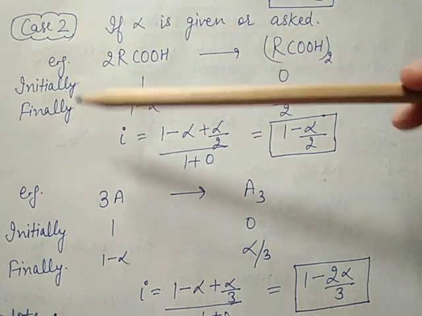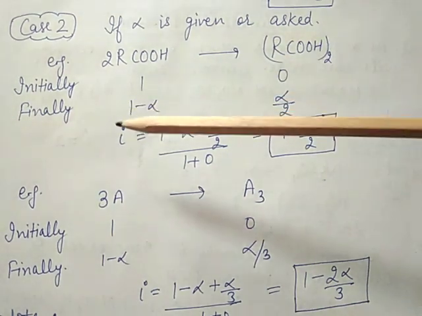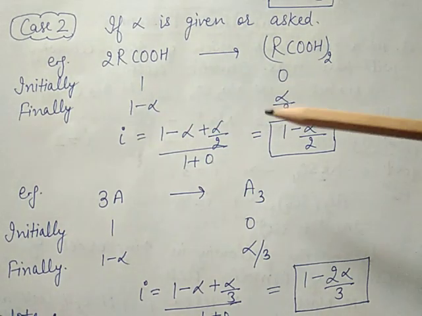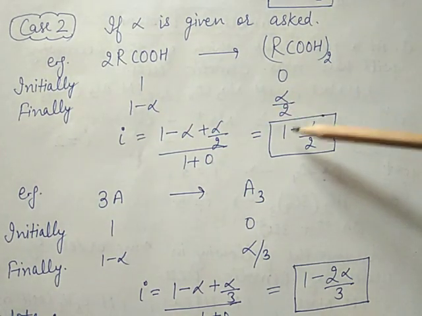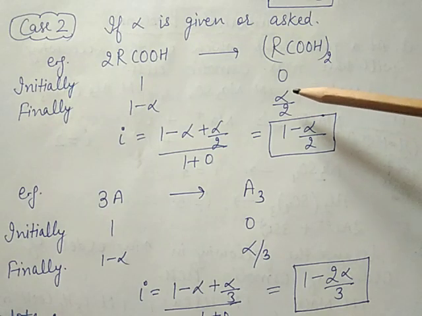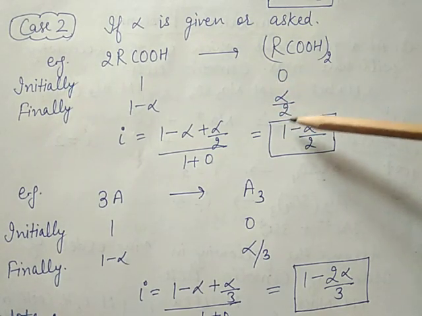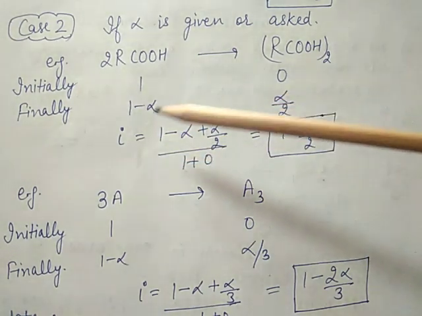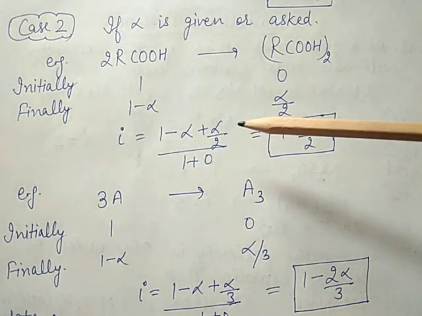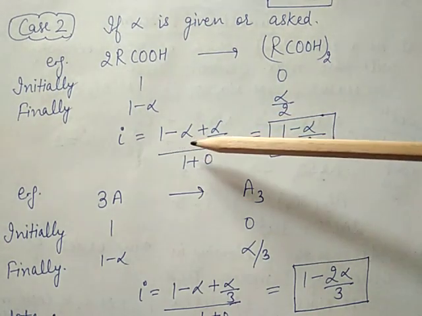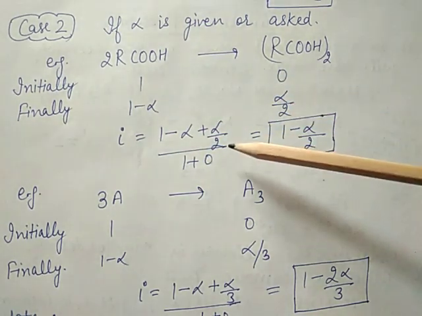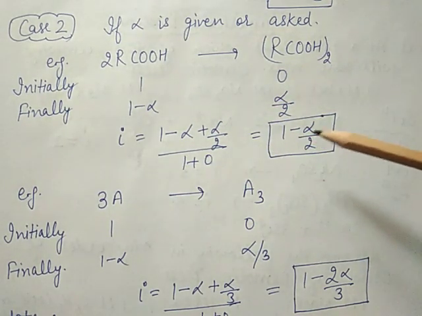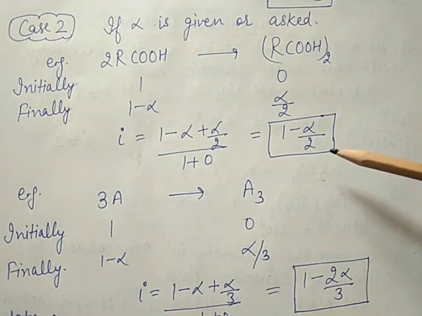After association at equilibrium, these are left 1 minus alpha, and here alpha by 2, means the number of particles that is reduced, means alpha by 2. Iota is equal to total number of particles after association, 1 minus alpha plus alpha by 2, divided by 1 plus 0, that is equal to 1 minus alpha by 2.